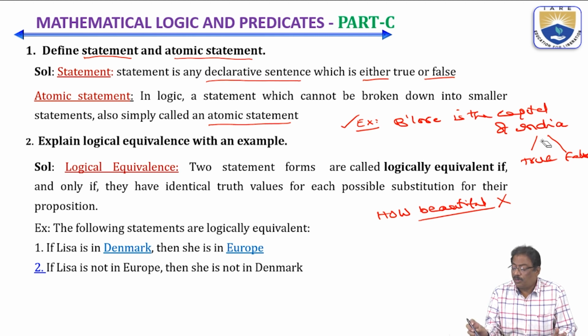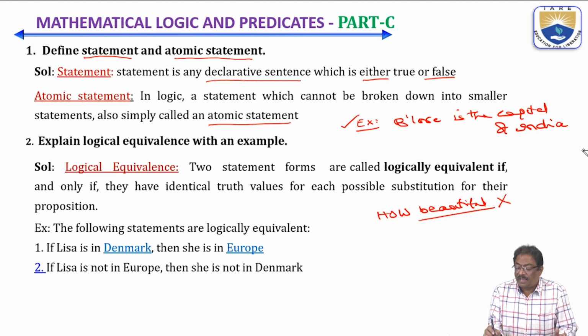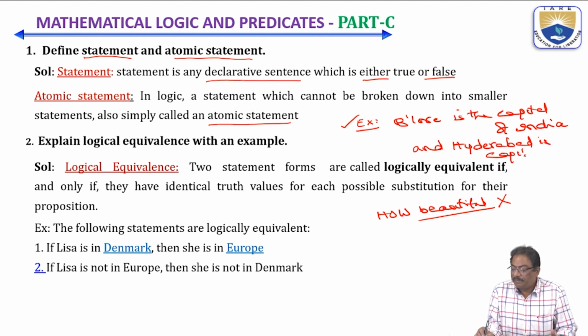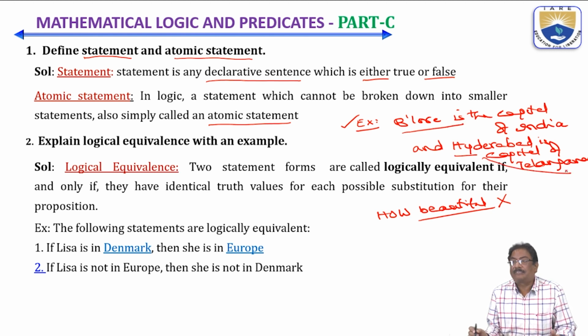Suppose I take Bangalore is the capital of India and Hyderabad is the capital of Telangana. Here, one is a sentence and the other is another sentence.